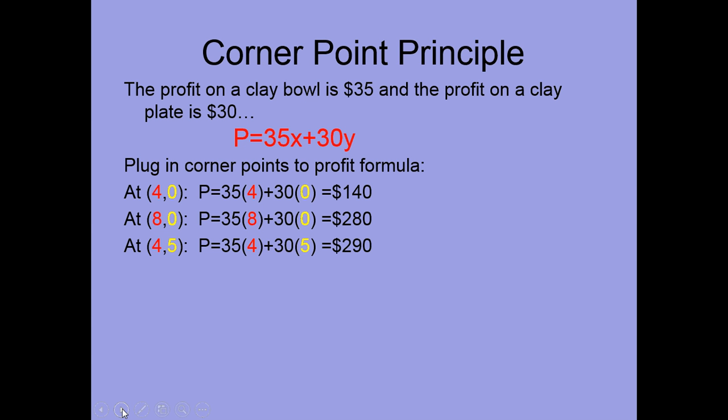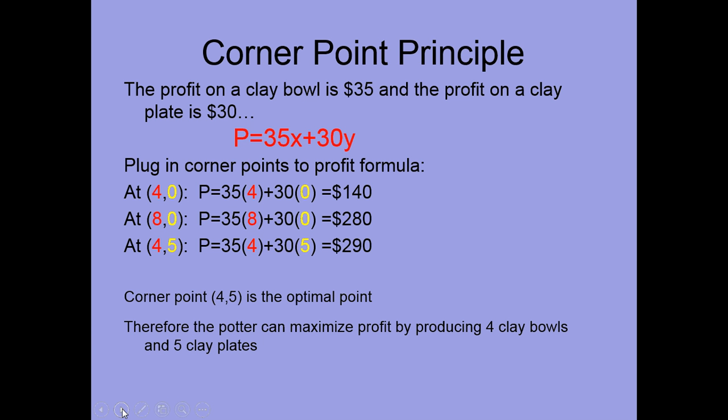So it's best for the potter to create 4 clay bowls and 5 clay plates, and he would be maximizing his profit then if he sold them all. So knowing that, we would then say that is the final solution for this linear programming problem.